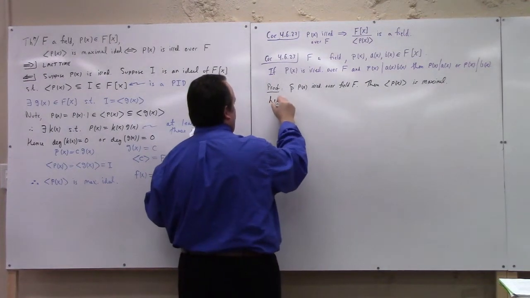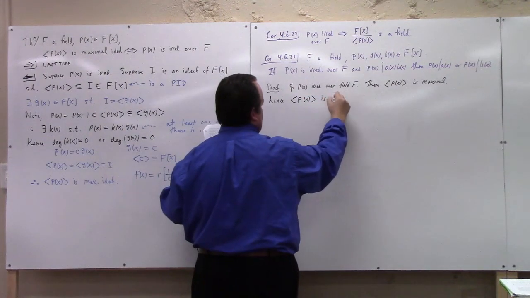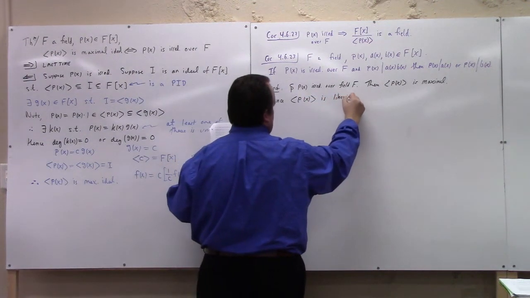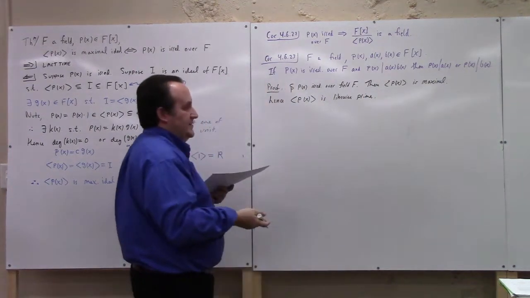Hence the ideal generated by p of x is likewise prime, because a maximal ideal implies a prime ideal.